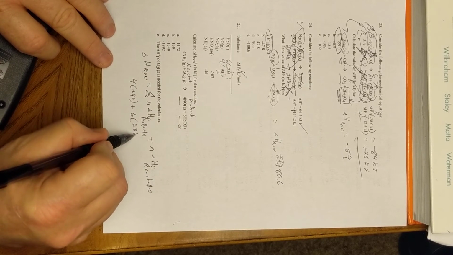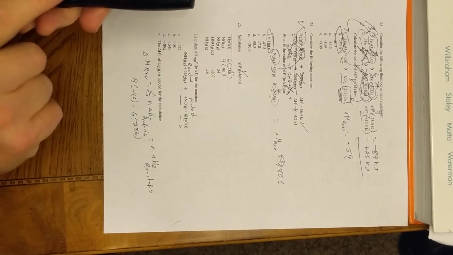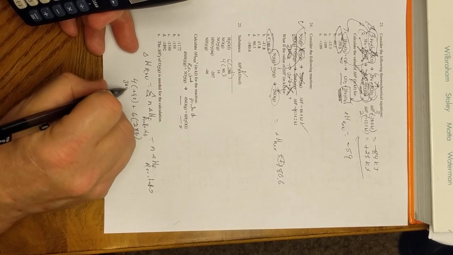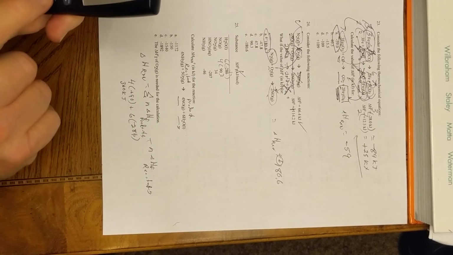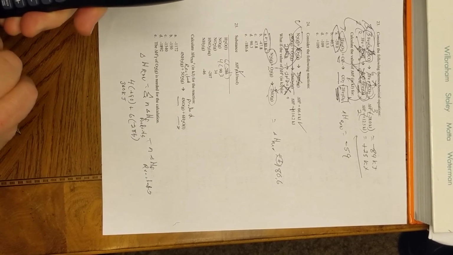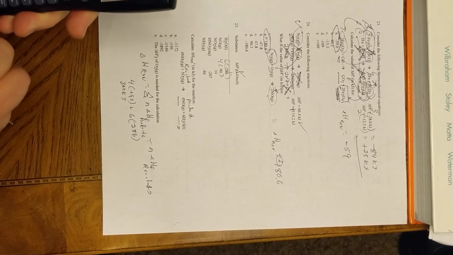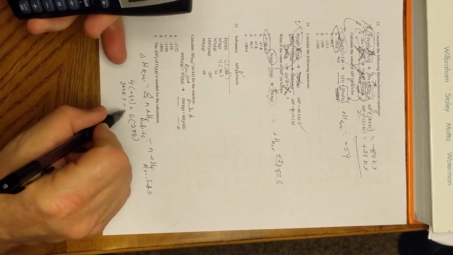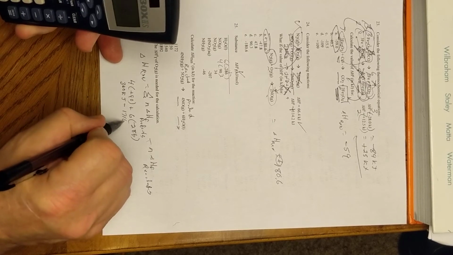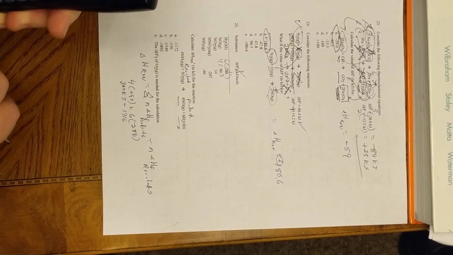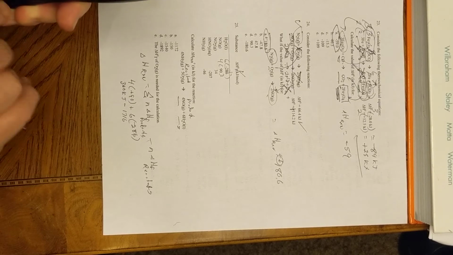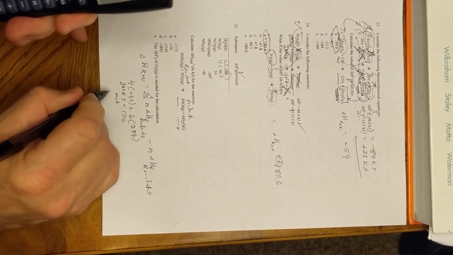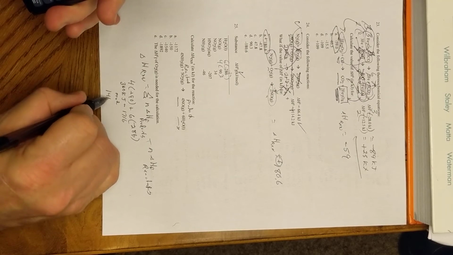This is negative 286. So 4 times 90 is 360. 6 times negative 286 would be minus 1716. So for my products, I have 1416 negative.